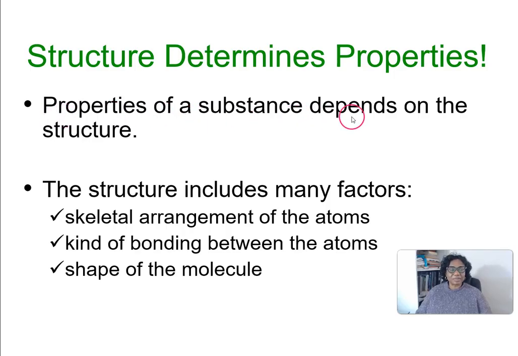Properties of a substance depend on the structure. The structure includes many factors: the skeletal arrangement of the atoms, the kind of bonding between the atoms, the shape of the molecule.